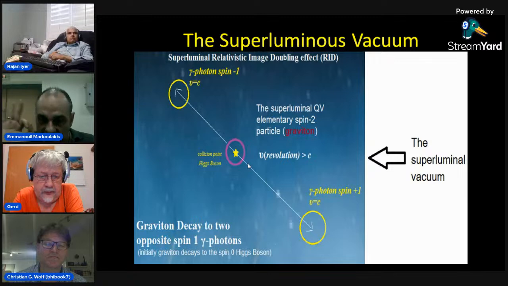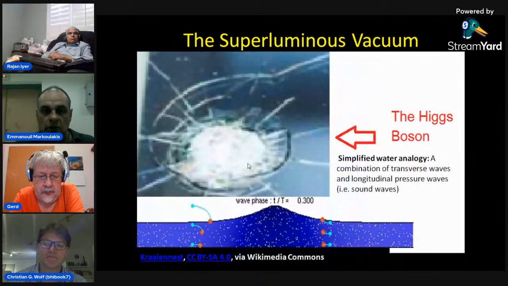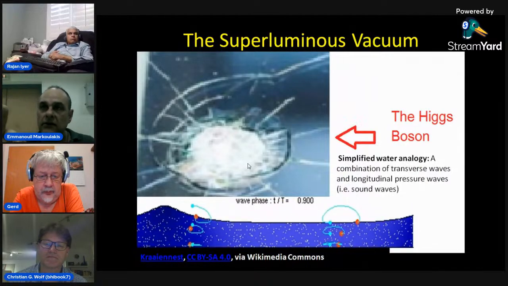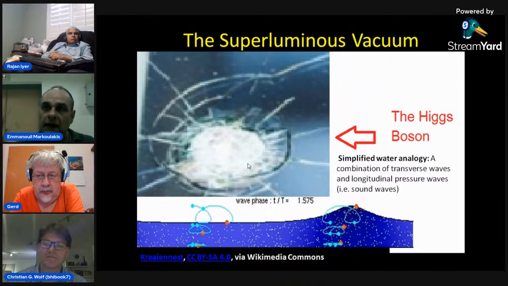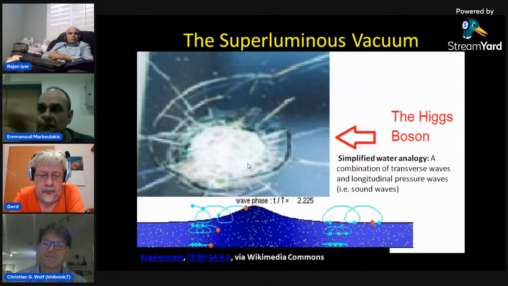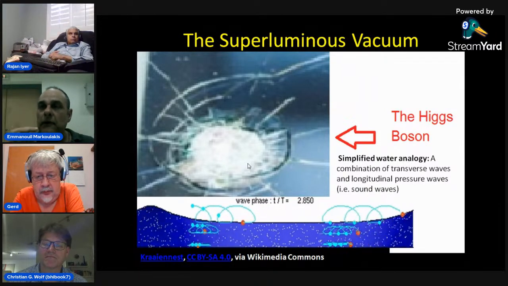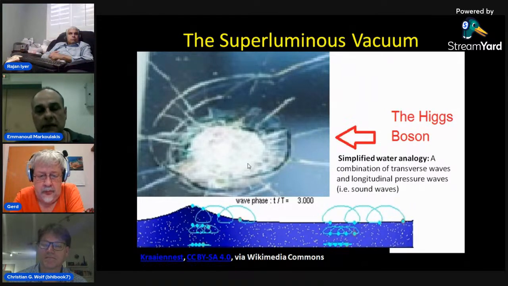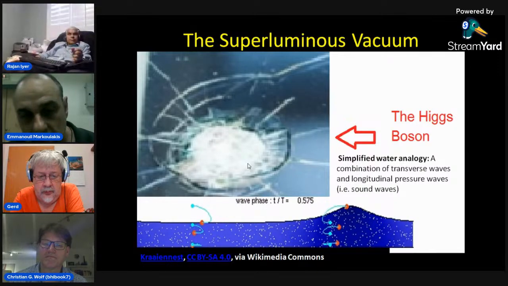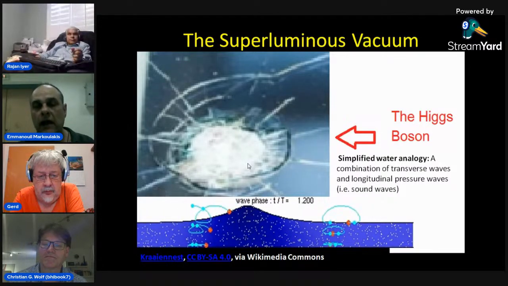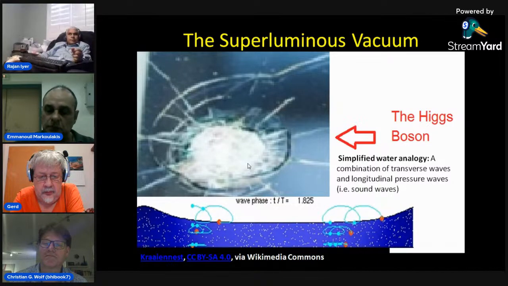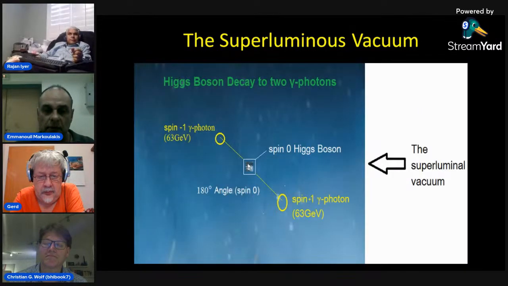This still moment produced the Higgs boson. So it is actually an artifact of the experiment. It's not the real thing behind the Higgs boson. The real particle, we believe, is the graviton, the real elementary particle of the vacuum. The Higgs boson was just an artifact of the experiment.